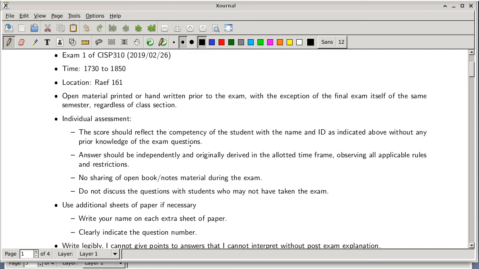Answers should be independently and originally derived in the allotted time frame, observing all applicable rules and restrictions. I think that is pretty clear. Everybody should work on his or her own exam and not somebody else's, and nobody should be trying to get the answer from somebody else. No sharing of open book or notes material during the exam.